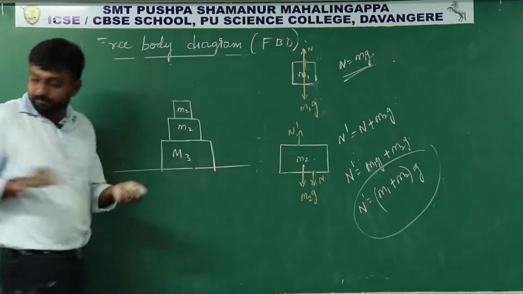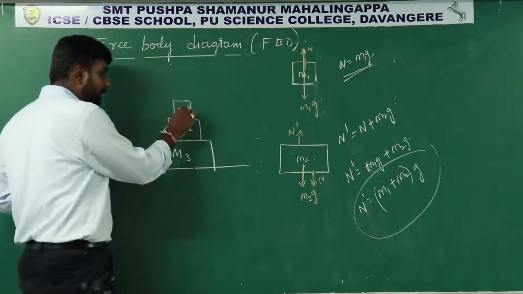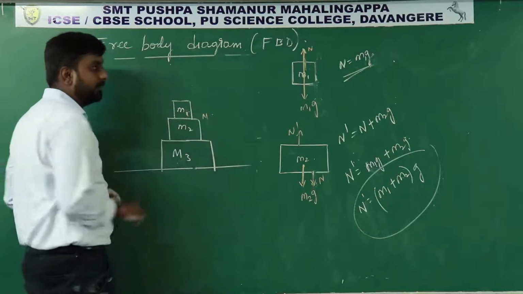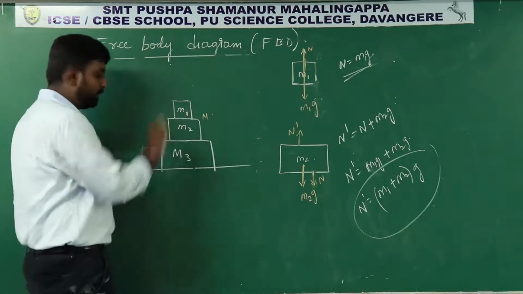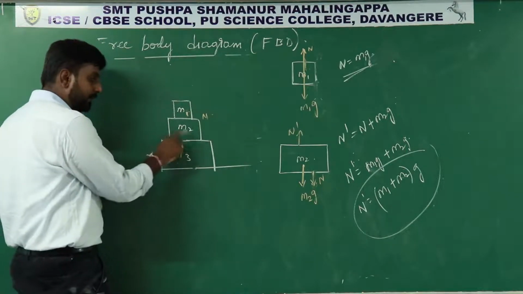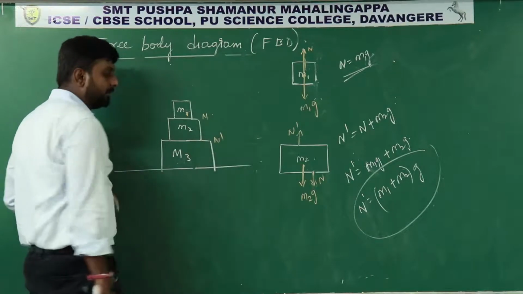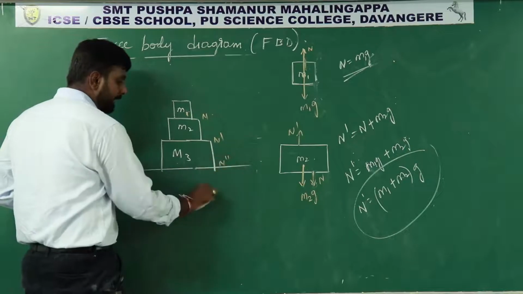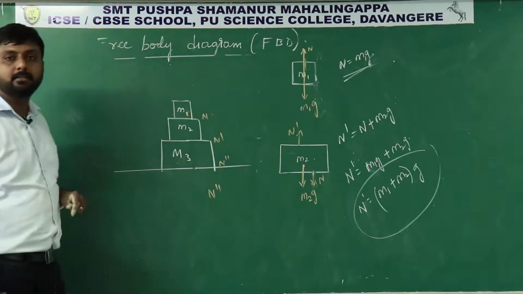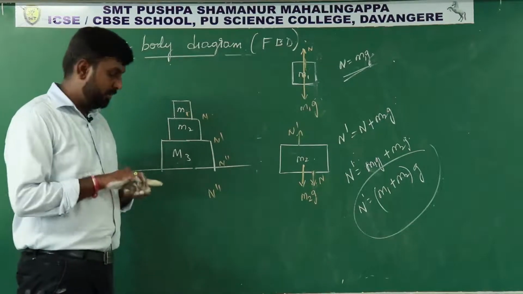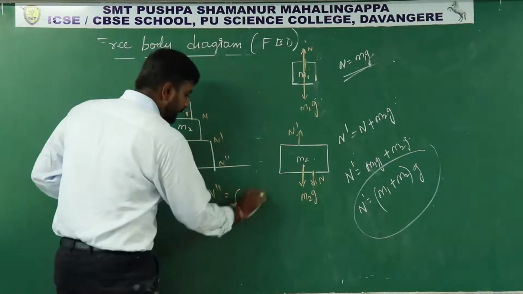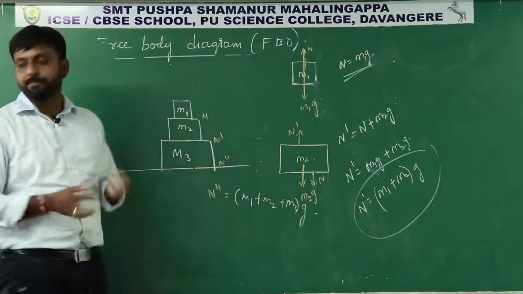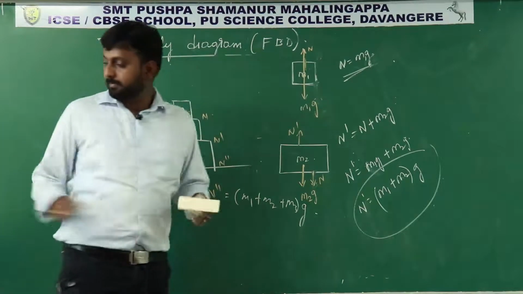So let us take the normal force acting between m1 and m2 as N. The normal force acting between m2 and m3, let us take it as N dash, and the normal force acting between m3 and the surface, let us take it as N double dash. Find N double dash. Solve this one. You have to get the answer m1 plus m2 plus m3 into g. Okay. So practice this problem.